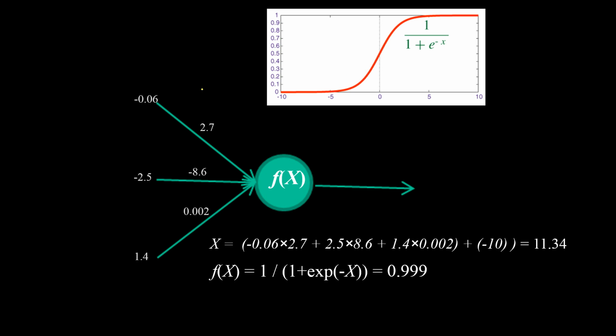It won't be activated. So this is a numerical example showing that. This x term was quite large, 11.34, so my f(x), the activation function, was close to 1. So this neuron was getting activated.